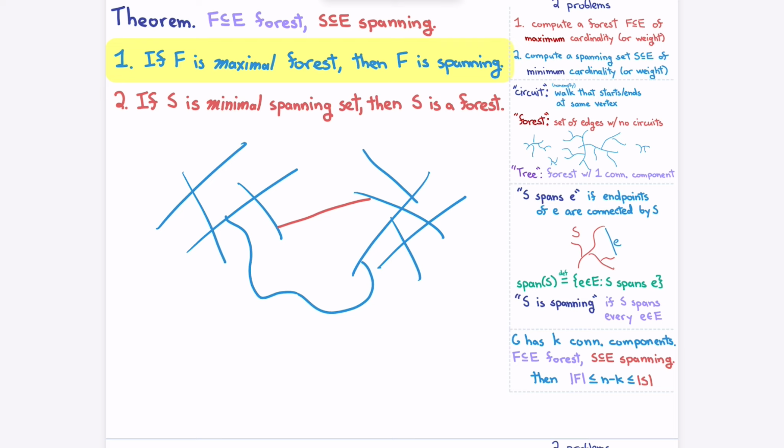So if it's maximal, there can't be any unspanned edges, because otherwise an unspanned edge you can add to your graph. In fact, you can also write the algorithm as: keep adding unspanned edges to F. That's very simple.